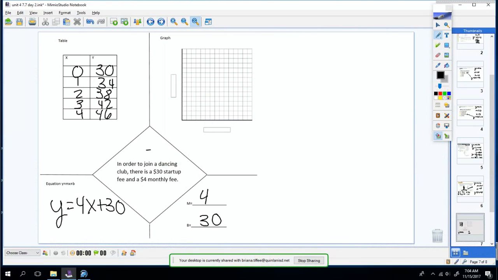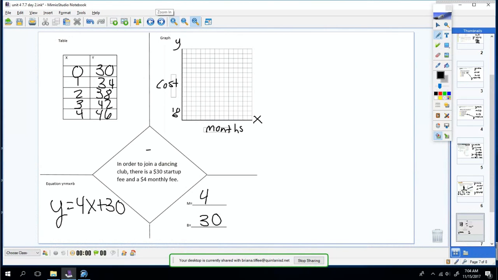Okay, so my graph. This is my x, this is my y. My x represents your month, how many months you do it, and your y is the cost. And so let's say this is 5, 10.